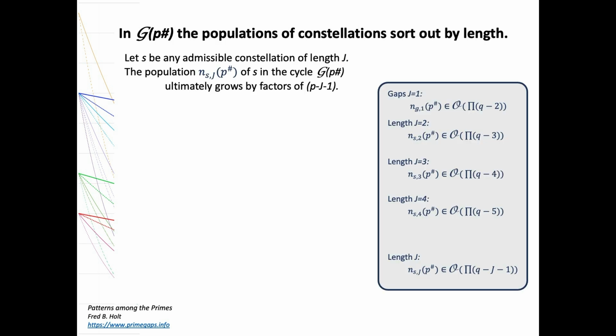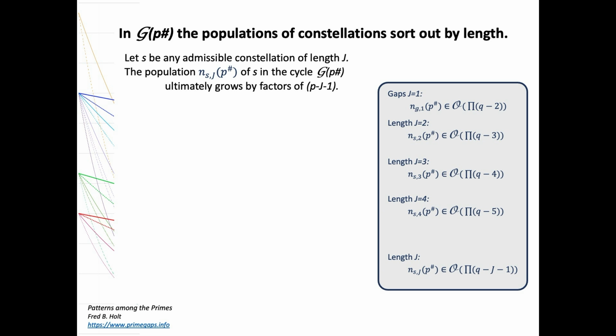What's interesting is that in the cycle of gaps, the populations of constellations sort out by their length. So let S be any admissible constellation of length j. Its population ultimately grows by factors of prime minus j minus 1.